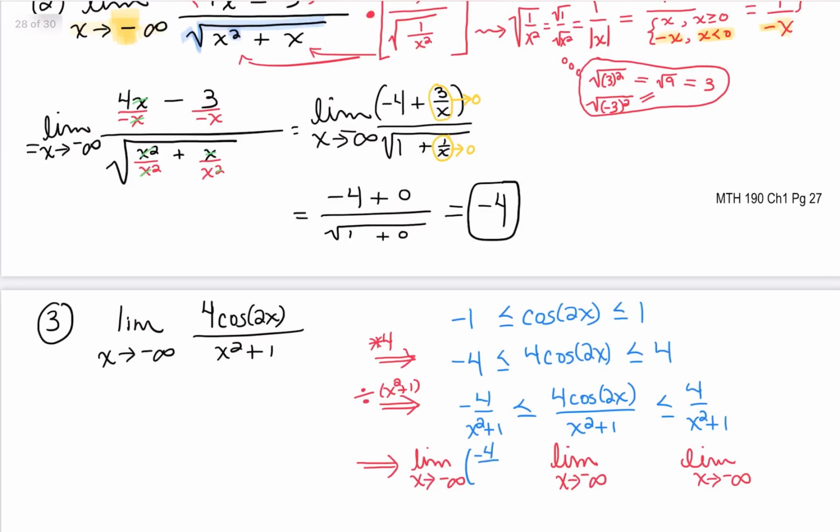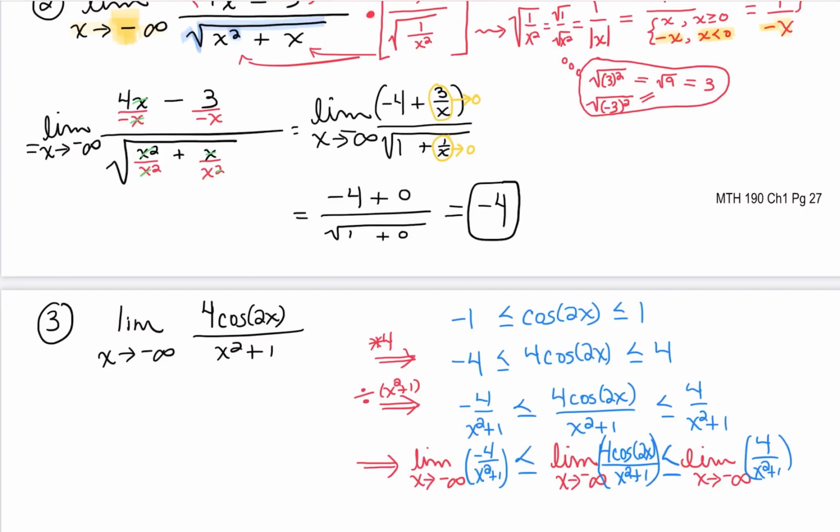So the limit of negative 4 over x squared plus 1 is less than or equal to the limit as x goes to negative infinity of 4 cosine of 2x over x squared plus 1. That's what I'm really trying to figure out. It has to be less than or equal to the limit of 4 over x squared plus 1.